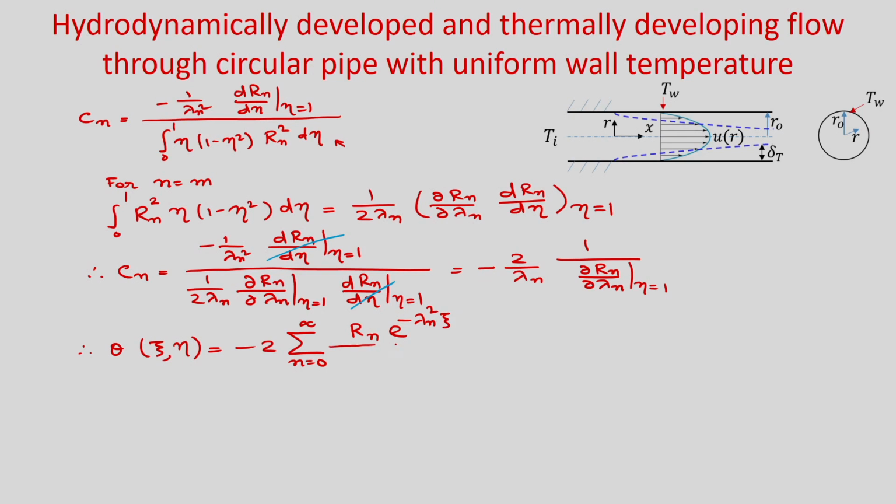Okay, C n is 2 by, so 2 already we have written, lambda n del r n by del lambda n, okay, at eta is equal to 1. Okay. So, if you can find the eigenfunction r n and its derivative with respect to the eigenvalues at eta is equal to 1, then you will be able to find this temperature profile theta.